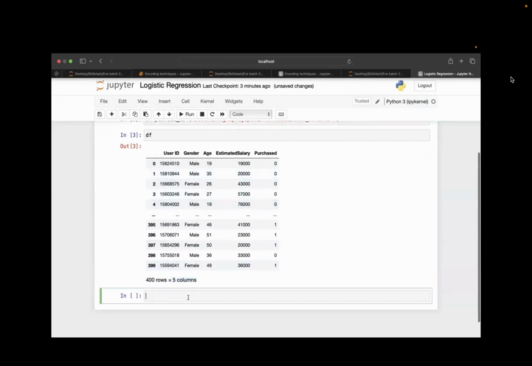The case study says that the data set is of users, usually users like you and me who are very active on social media websites or applications, let's say Instagram, Facebook. You must have noticed that whenever you open Facebook or Instagram, there are so many sponsored advertisements.